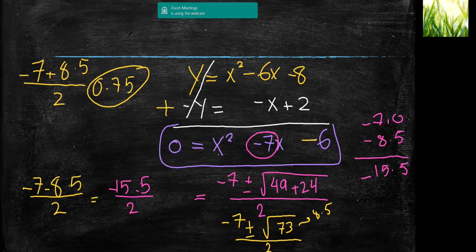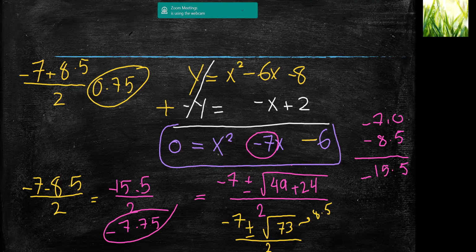It will be -7.75. These are the solutions of x.